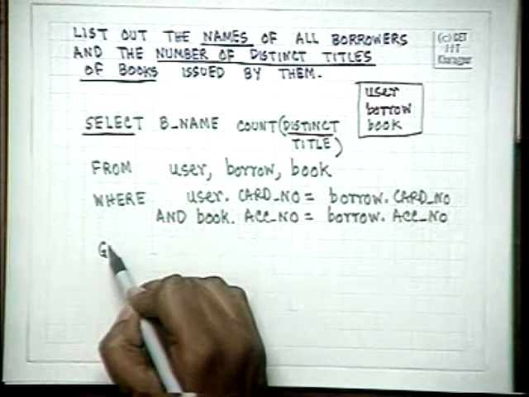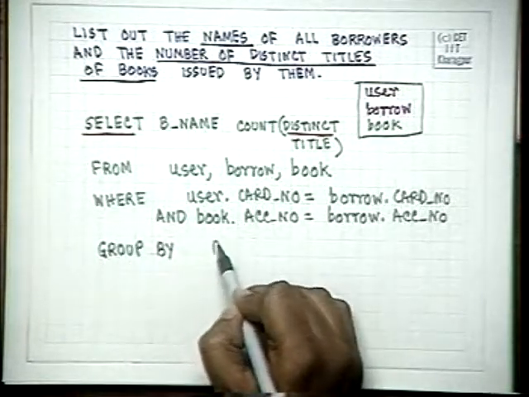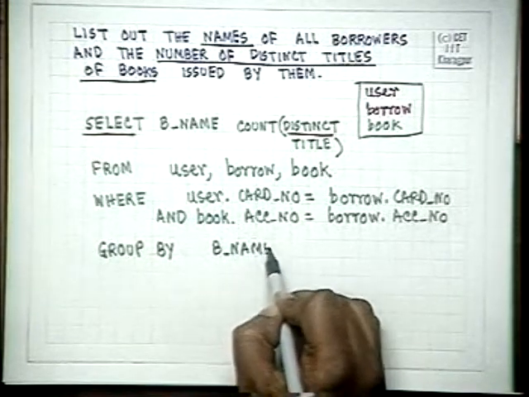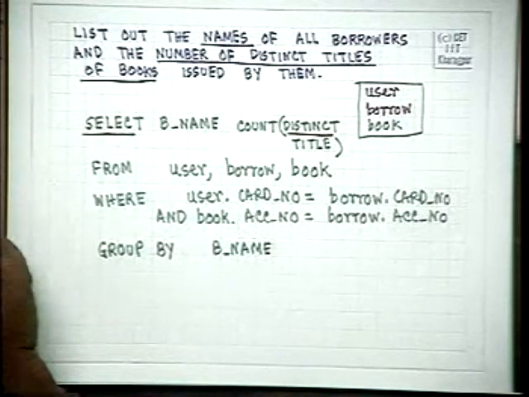Now we will group. The resultant relation we will group by borrower's name, and we have obtained our result.